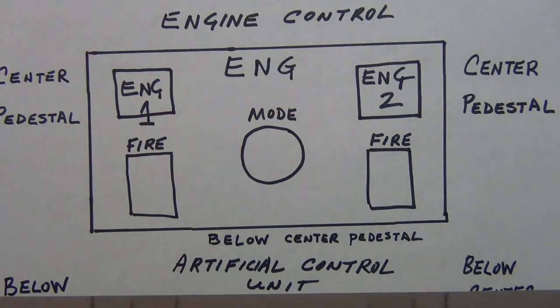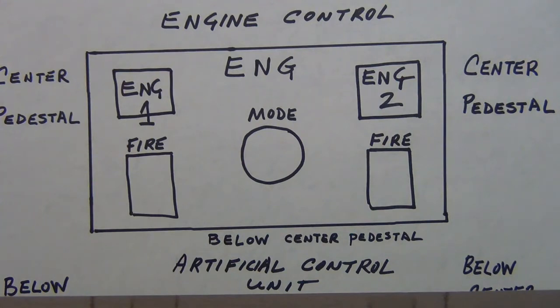Now, remember I said the 3 mode selections: you have dry crank or ignition start in your normal mode. Let's just pretend that you're putting it in ignition start. When you move the mode selector knob to ignition start, what happens? What is it affecting?